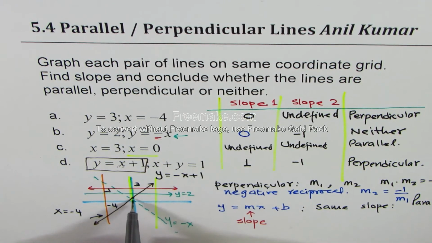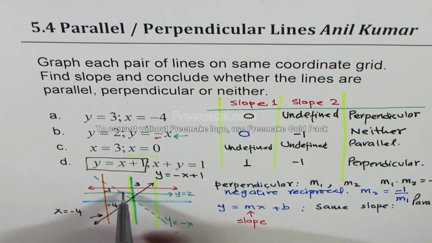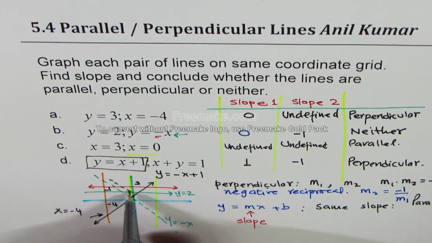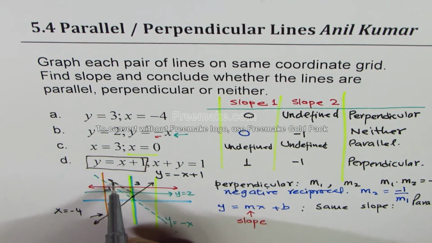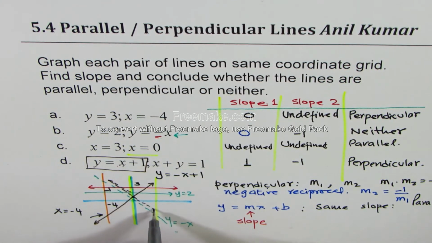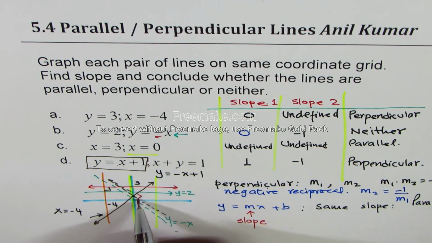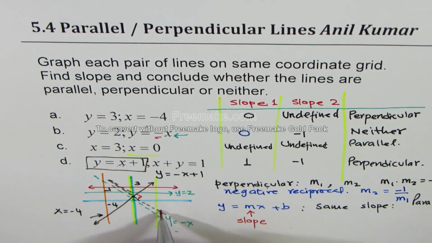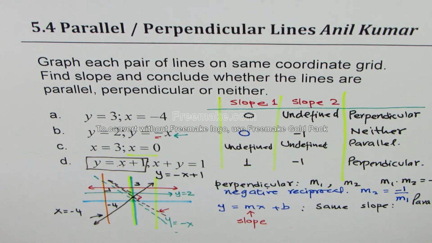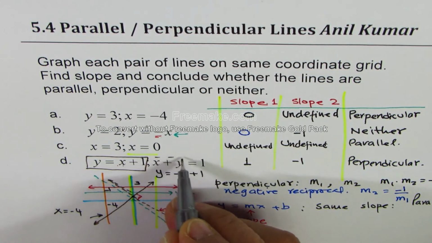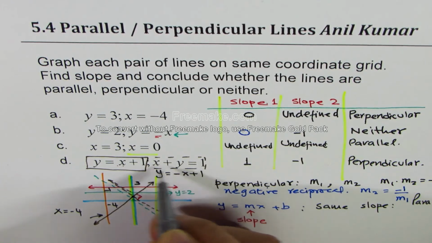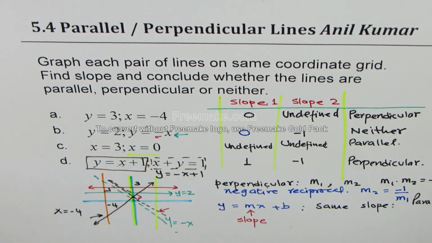So from 1, this will be going downwards like this. I mean, I should have drawn from here. Okay, kind of like this. Clearly, you can see they are at right angles. Is it okay? So this line is the other line, y equals minus x plus 1. That is how I drew all the lines on the same grid.